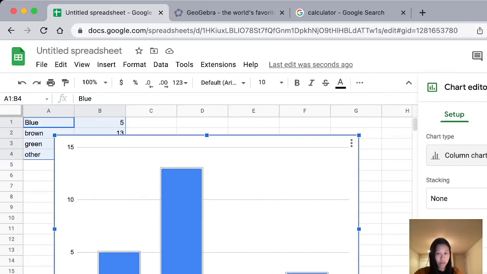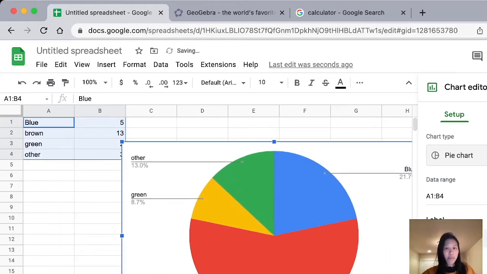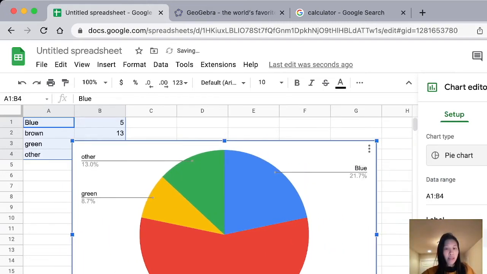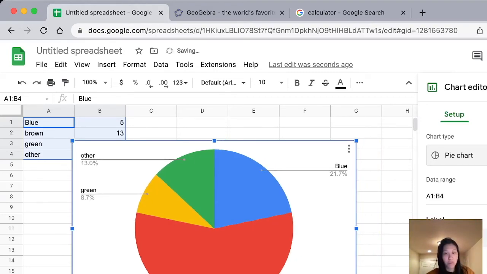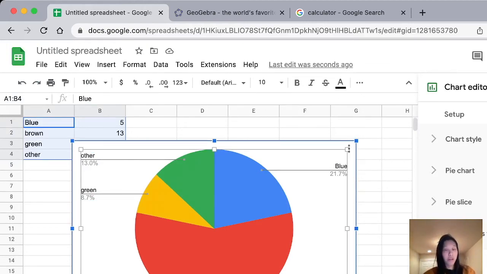If you couldn't find it here, you can just scroll down until you find the pie chart, which is here. It also shows you the data: blue eyes 21%, brown eyes 59%, green eyes 8.7%, and others 13%. So in your homework, maybe you can just copy this and then paste it into your homework.